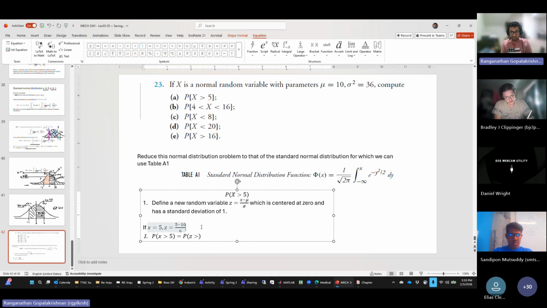So this gives me minus 5 by 6, which you can convert to a decimal. It's totally all right to keep it as a decimal with, let's say, 3 decimal point accuracy. 5/6 is minus 0.8333.